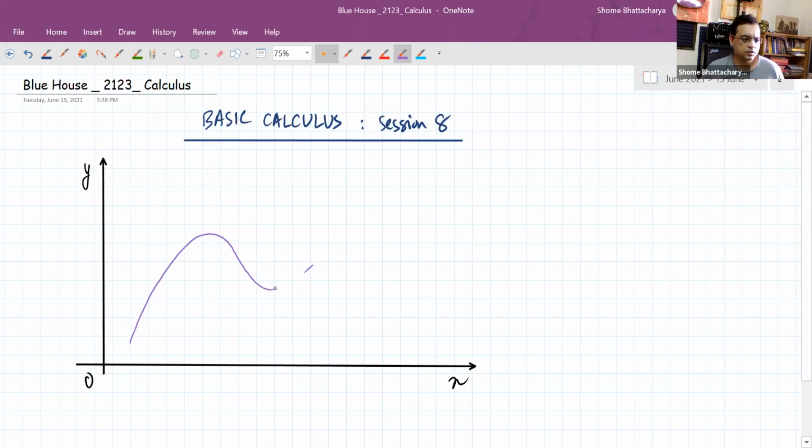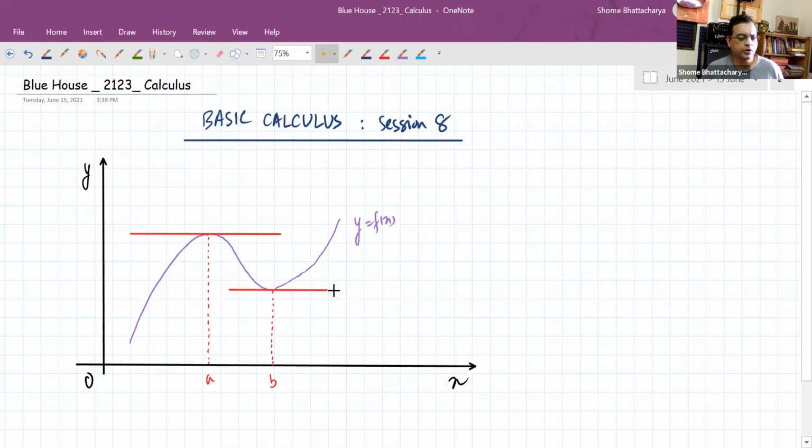If this happens within some specified domain of the function, let's say this is the function f(x), now we can see that at a point like this, the function is switching its behavior from increasing before a to decreasing after a, and again at a point like this, the function is switching its behavior from decreasing before b to increasing after b. So at two such points, if we draw the tangent to the graph, we can see that the tangent will be perfectly horizontal. So the slope of the tangent will be 0.